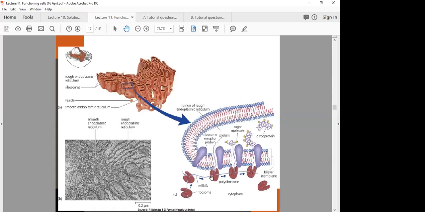They're decoding the message found in that messenger RNA, and while they're decoding it, they're synthesizing polypeptides, which are passed directly into the lumen of the endoplasmic reticulum. Once in the lumen, the polypeptides are folded with the assistance of folding proteins, and they're modified in some way. For example, they might have sugar molecules attached, or they might be chemically modified in other ways.